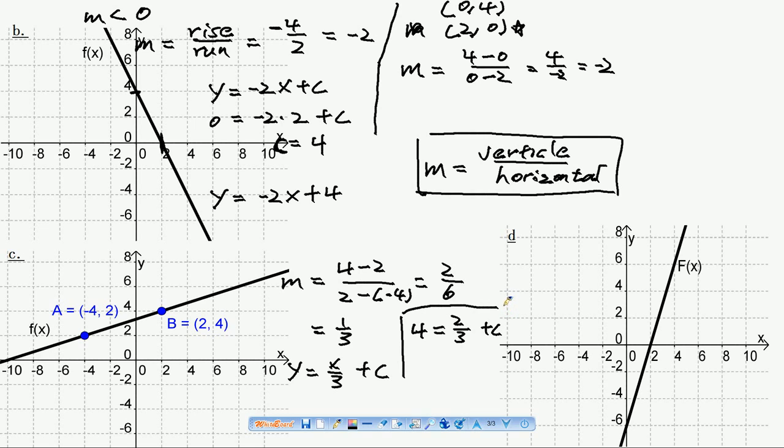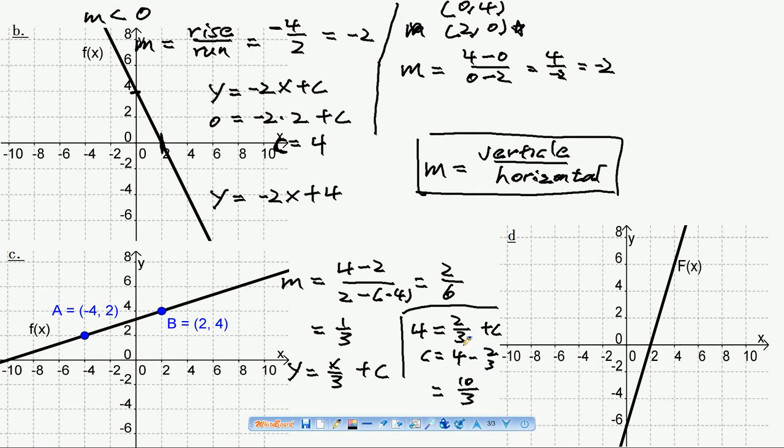So c will be 4 minus 2/3, which is 10/3.